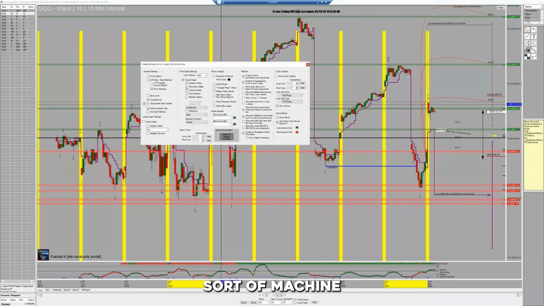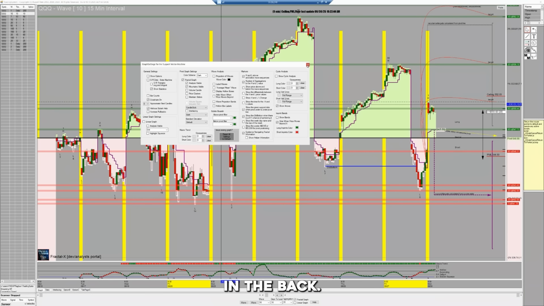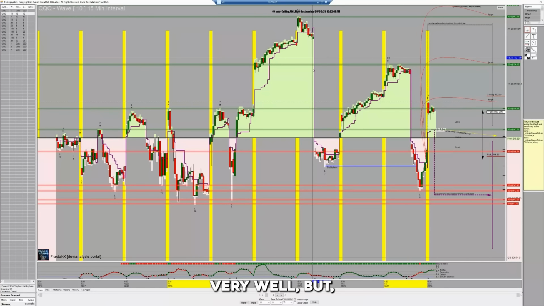So there is some sort of machine learning going on in the back. Russell explains it very well. It then plots the result, which is the vector, the purple line, and it acts as a support and resistance line, and eventually becomes the pivot if it's broken. Make sense, Raghav? Correct me where I'm wrong.